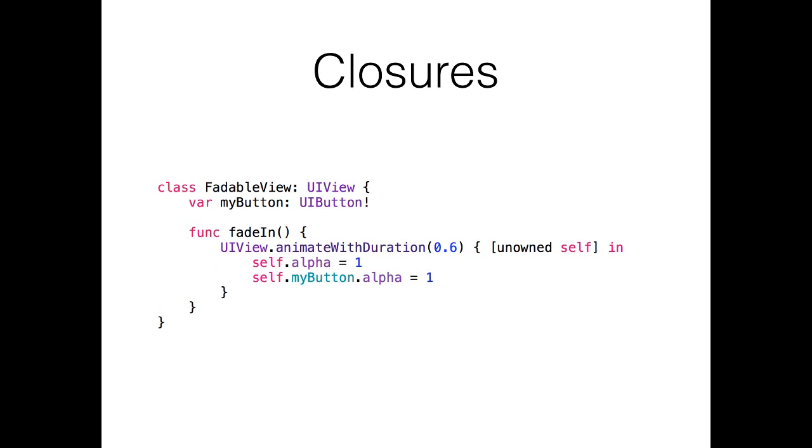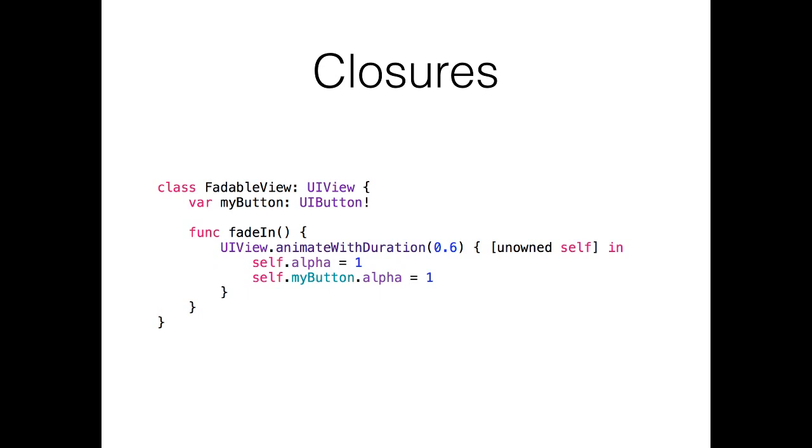It means that I have this fadeable view and I can work with it and things that it has. So inside that closure, I can do self.alpha. So I'm accessing the fadeable view to change its alpha.